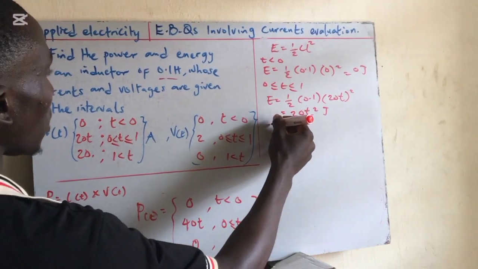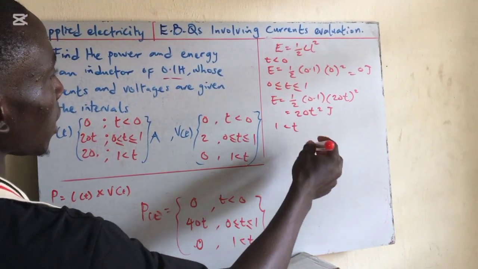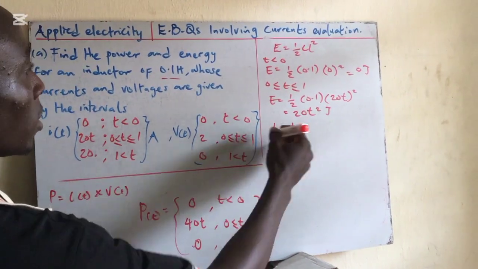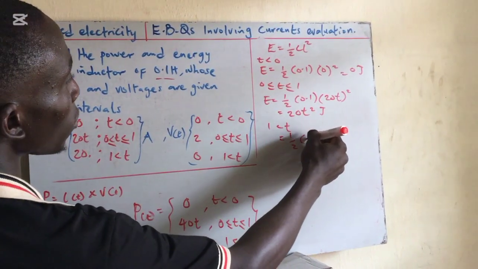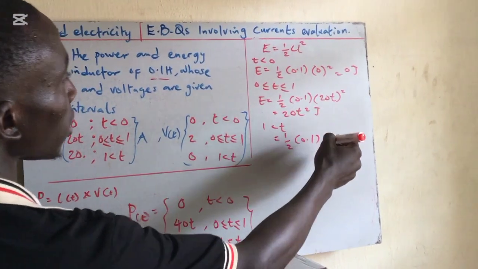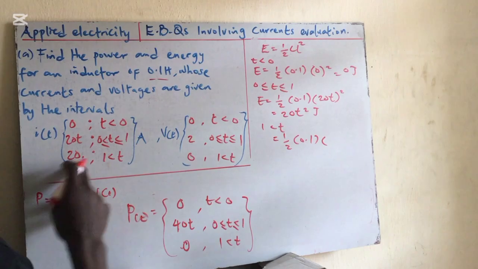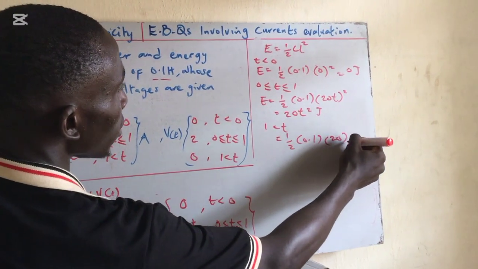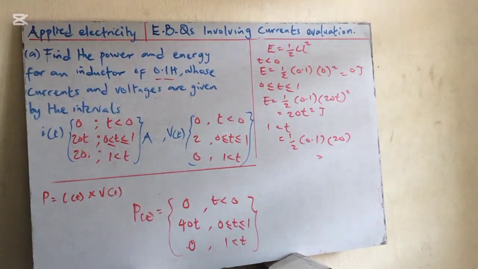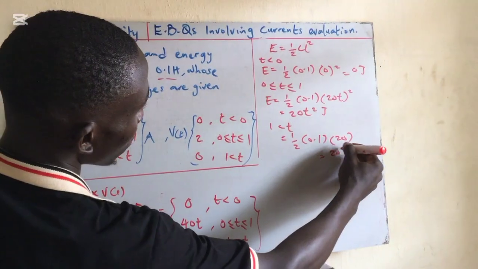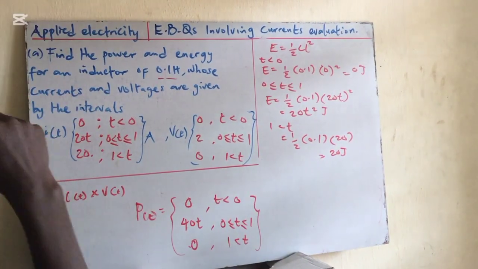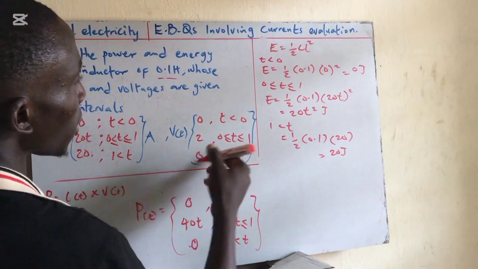So for the last range, t greater than 1, we're using also the same formula, half into 0.1, then the current here is 20. So when you calculate that, you have 20 joules on your calculator. Then you can put it in this form.